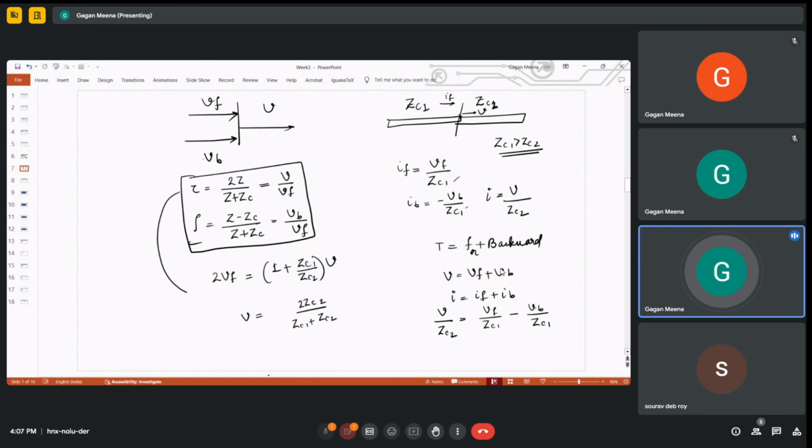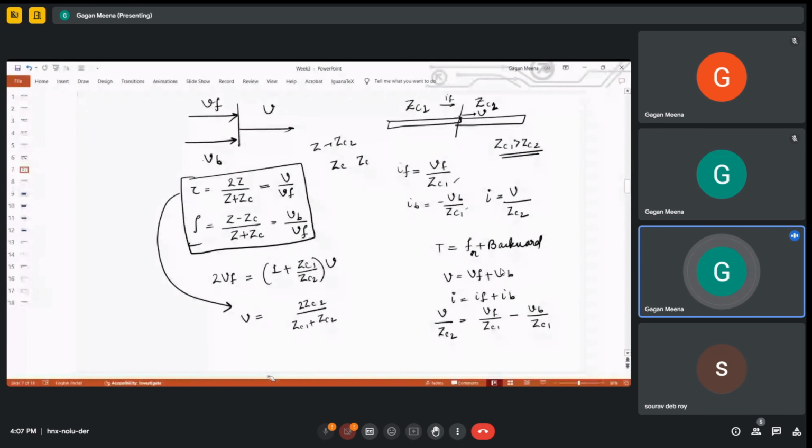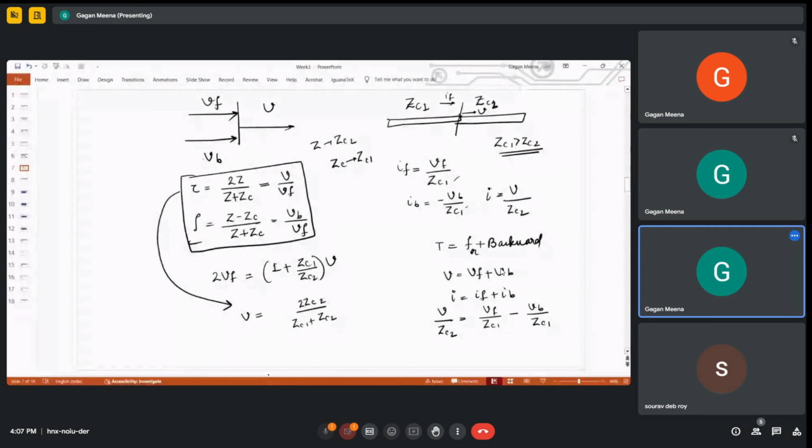The same thing you can see here. Just make Z as ZC2 and replace ZC by ZC1. So here rho will become ZC2 minus ZC1 divided by ZC2 plus ZC1. Okay.